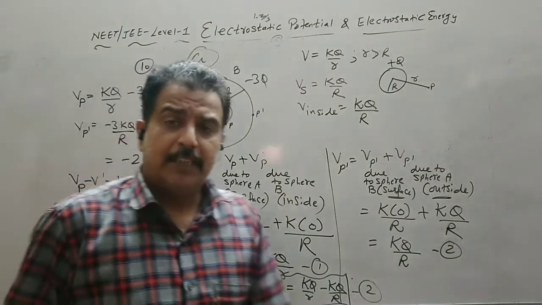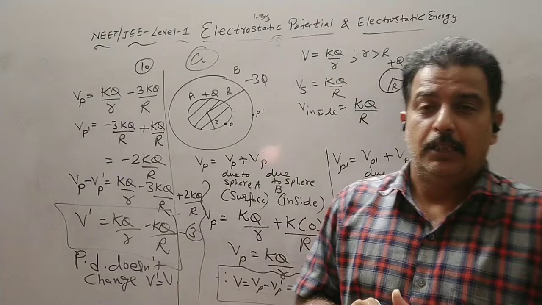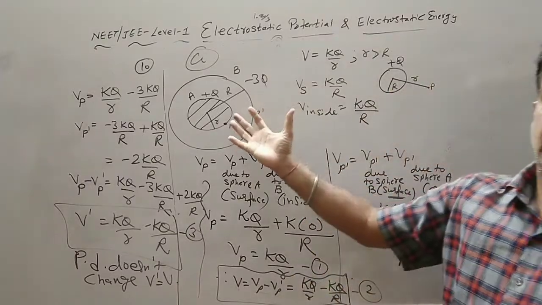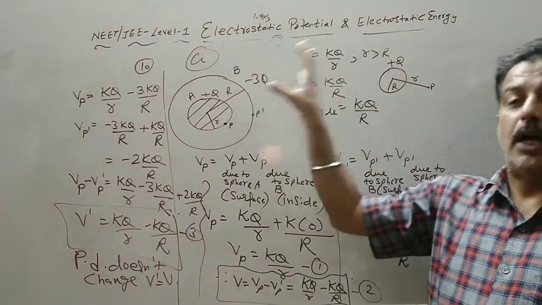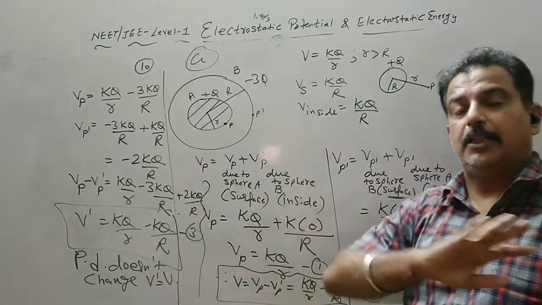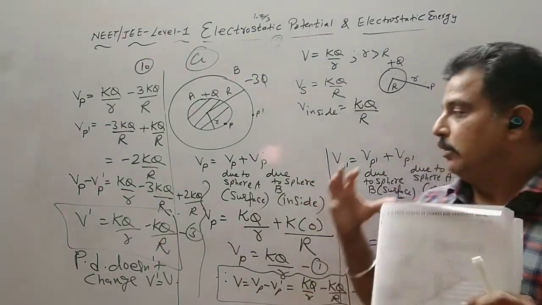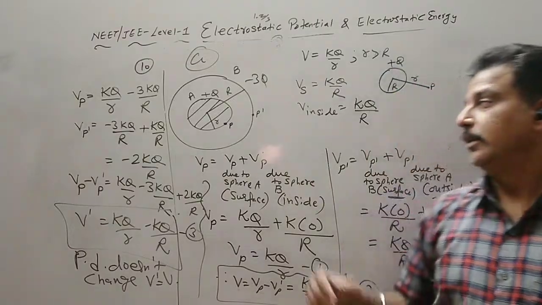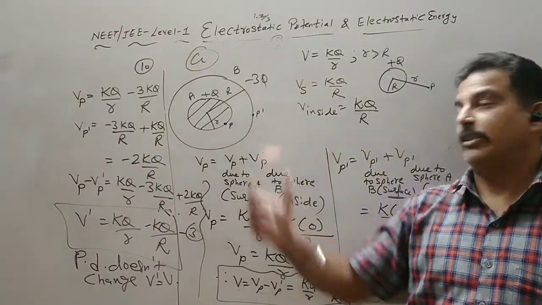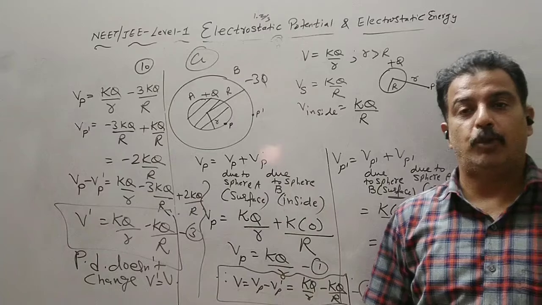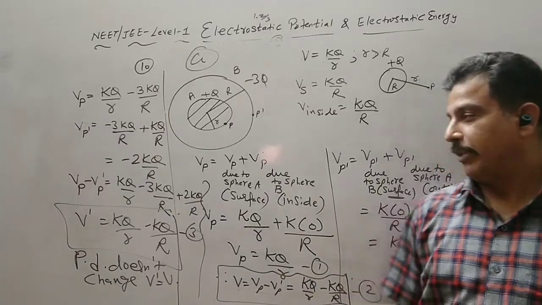So you can remember like this also, if this is an arrangement and if the charge is given to the outer sphere, it does not make any difference between the potential difference of the two surfaces of the sphere. So there is no change in the potential difference of the two surfaces.